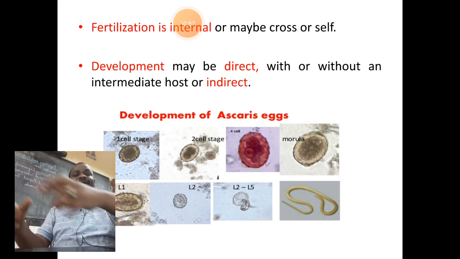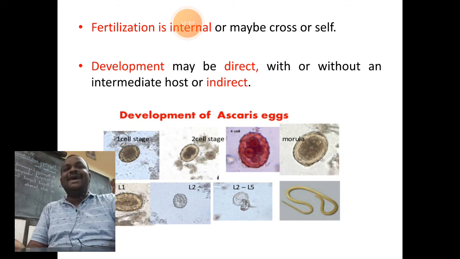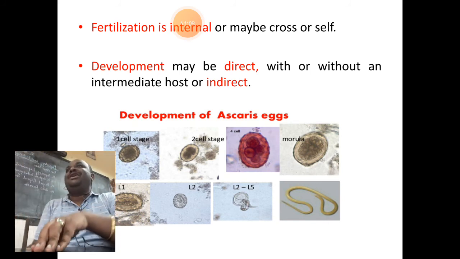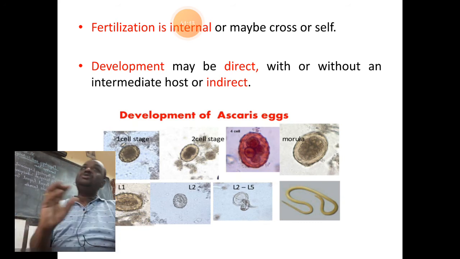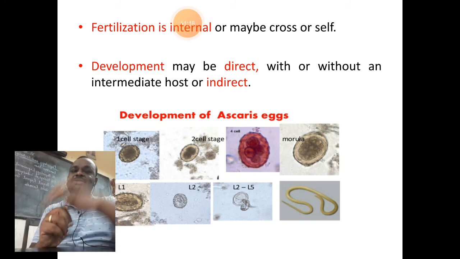So, that category of organisms of Caenorhabditis is also available. In that organism, cross or self-fertilization is seen. What do you mean by self-fertilization? Male gametes and female gametes of the same animal will fuse in the body of the organism. In cross-fertilization, sperms of different organisms are taken inside for the fertilization process.